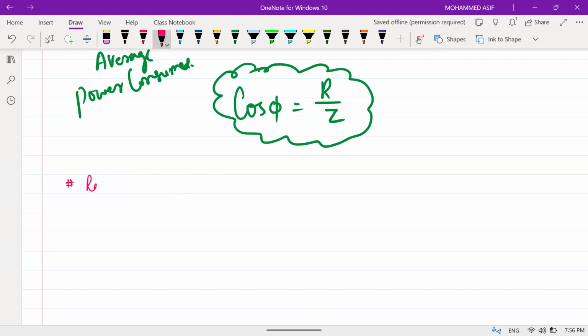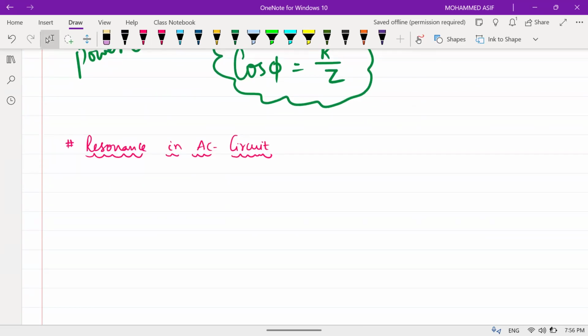Next heading: resonance in AC circuit. What do you mean by resonance, beta? Same: initial must be equal to final. In an AC circuit, that means an LCR circuit. So let me draw the diagram.